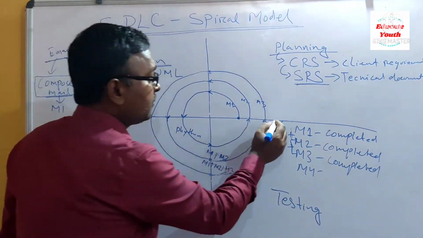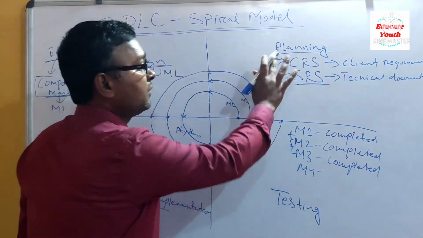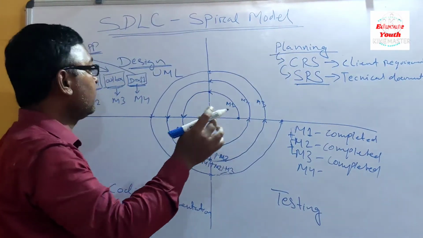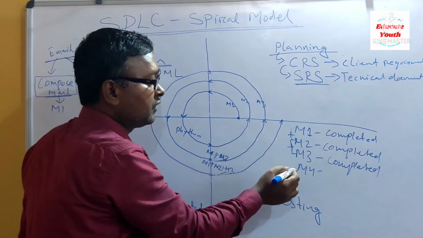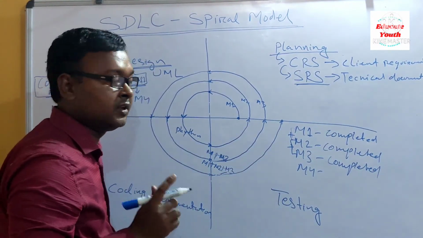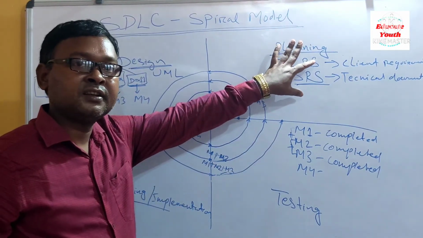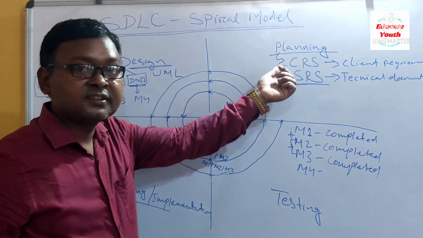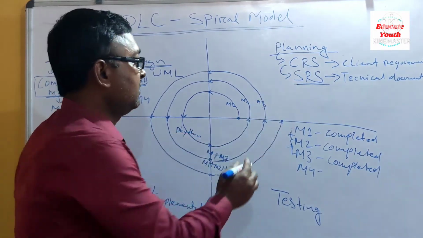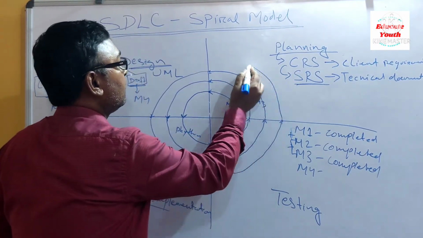So right now you are again in the planning phase. You need to go for developing the M4 module. So again CRS is being done. Convert the CRS into SRS.